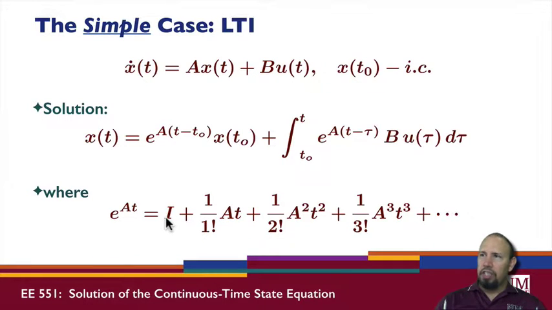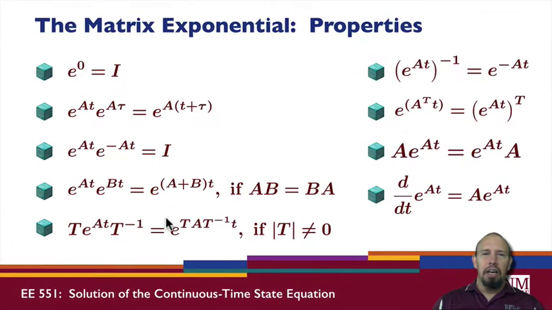Some of these properties are very easy to prove, others not so much. We'll prove a couple of them in the proofs video for this lecture. e to the At times e to the A tau, I can combine these two exponentials into a single exponential and sum the arguments.